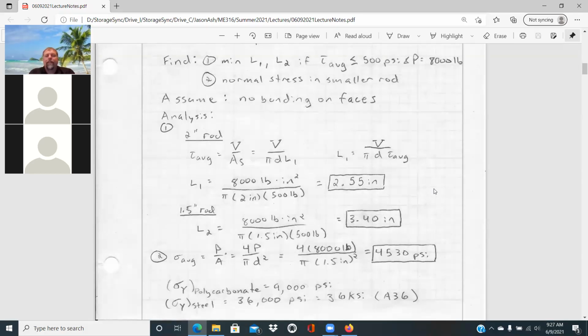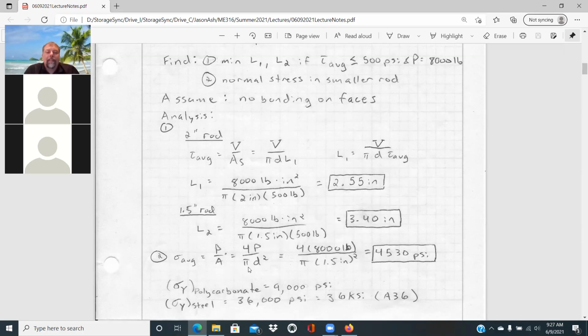For the 1.5-inch rod, it's the same thing, except you're replacing the diameter with 1.5 inches. And we end up with 3.40 inches for that minimum length required. Then the average normal stress in the smaller diameter rod is just the force divided by the cross-sectional area.